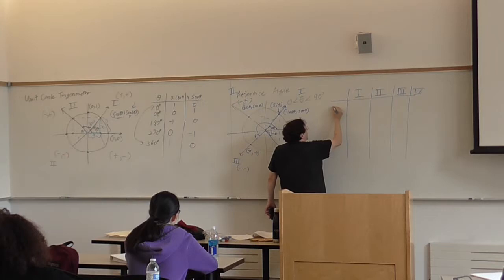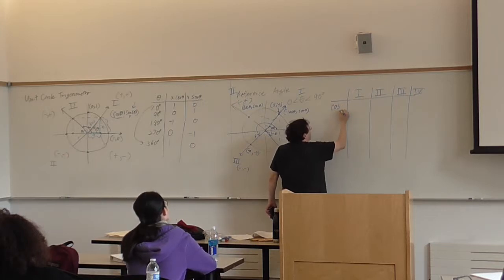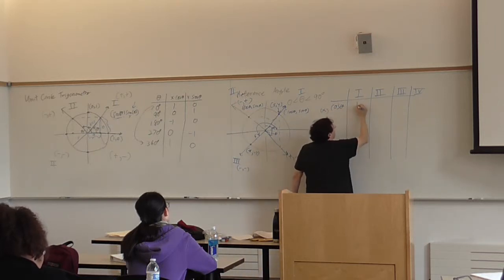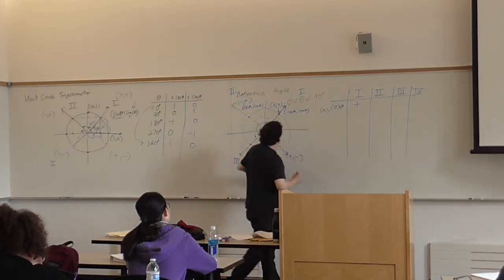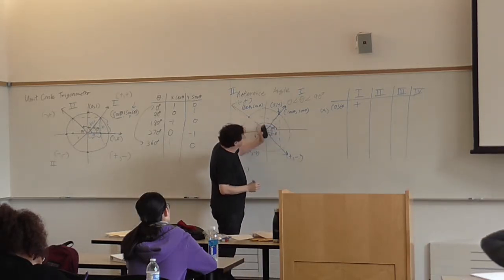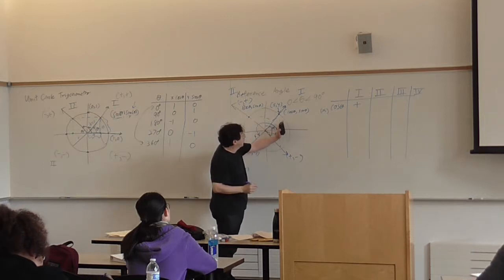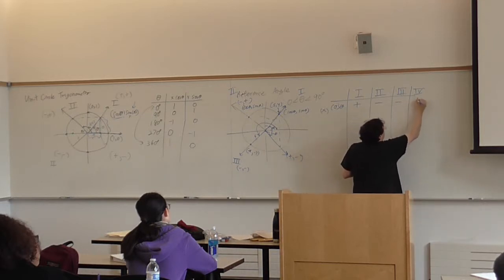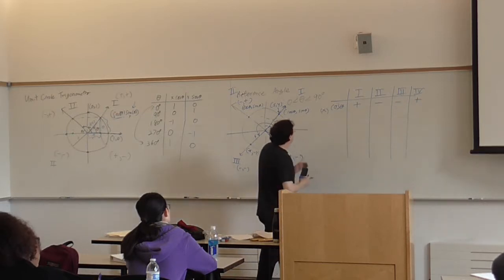So my cosine of my angle, or the x coordinate, is positive. Right? It's positive in the first quadrant. It's negative in the second quadrant. It's negative in the third quadrant, and positive again in the fourth quadrant.